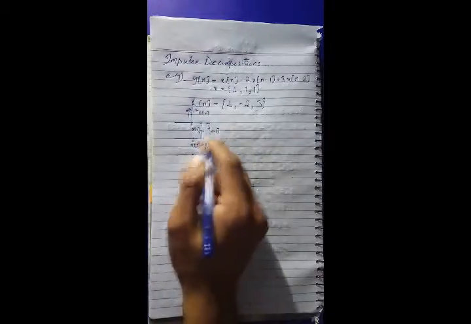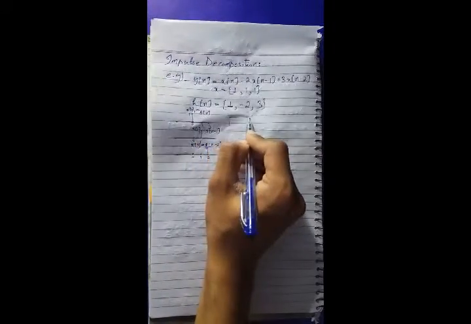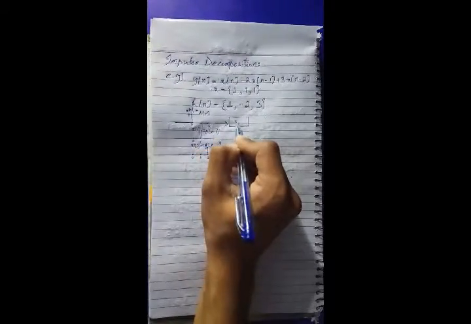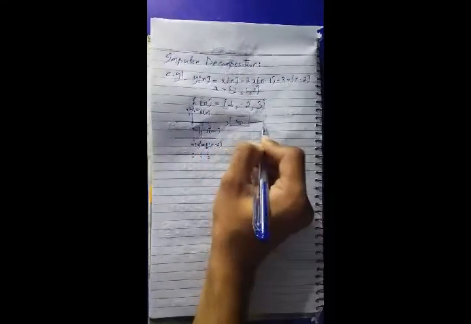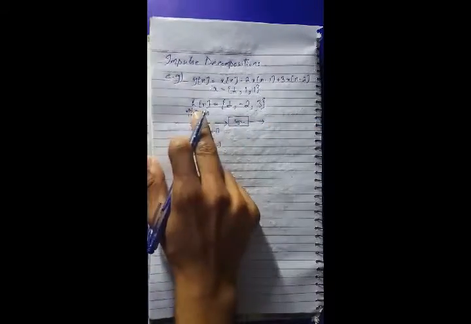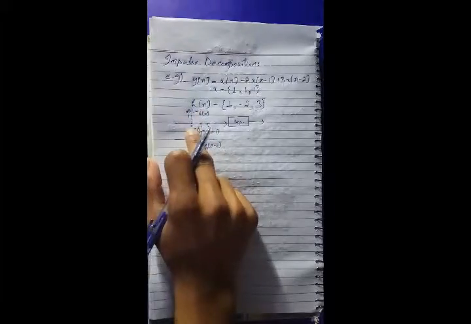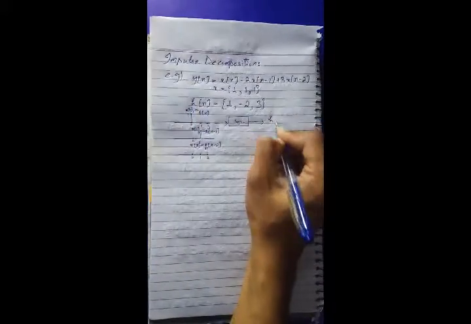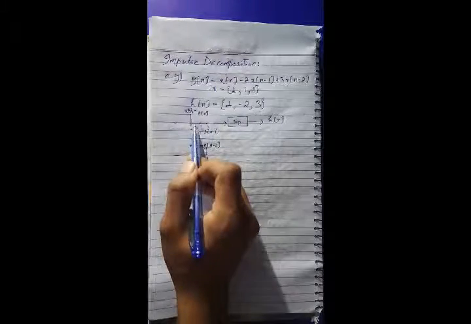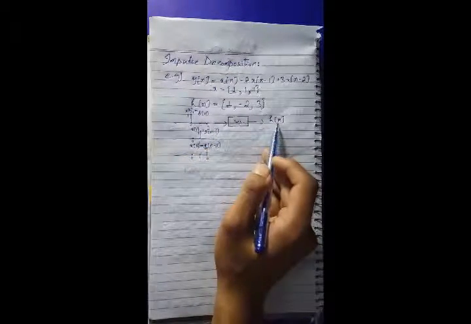So what happens when the signal is passed through a system? We have the impulse response. Since this is a unit impulse, we get the impulse response h of n.